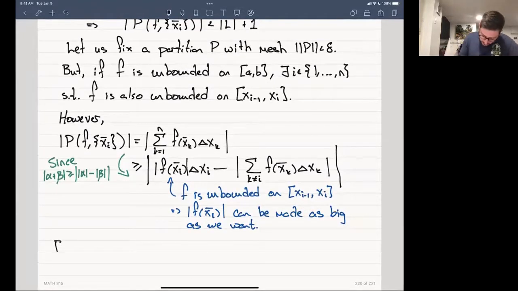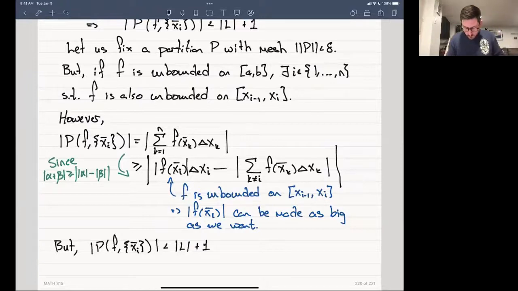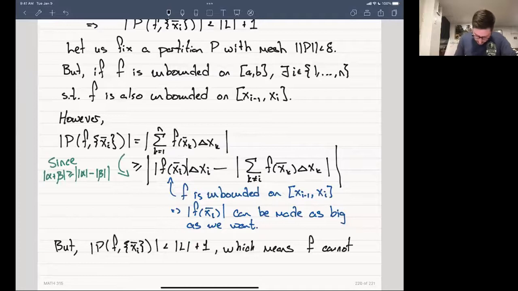So the Riemann sum is less than L plus 1, which means f cannot be unbounded.